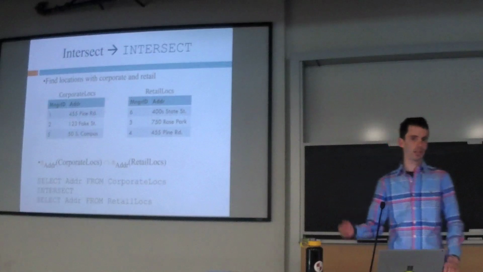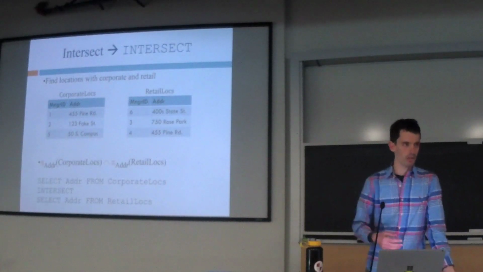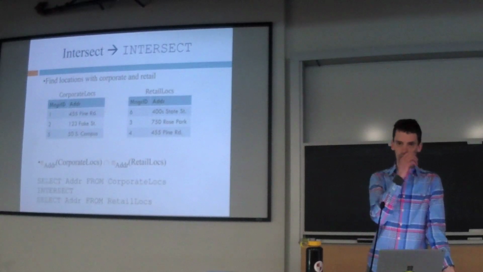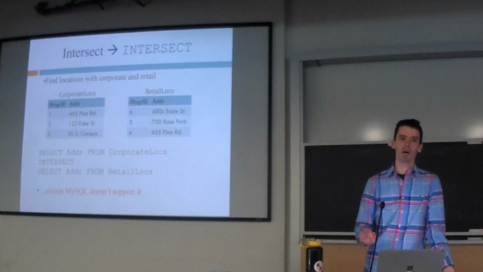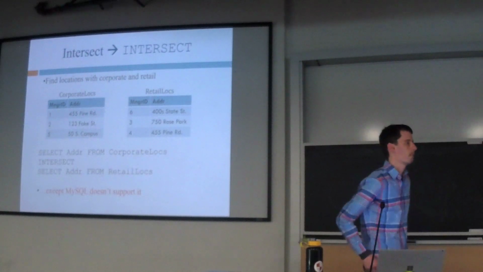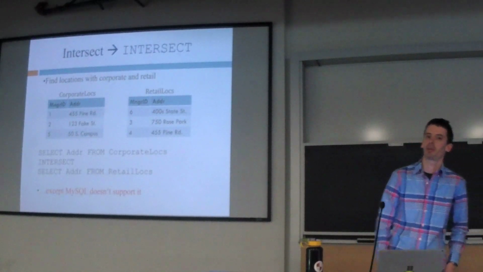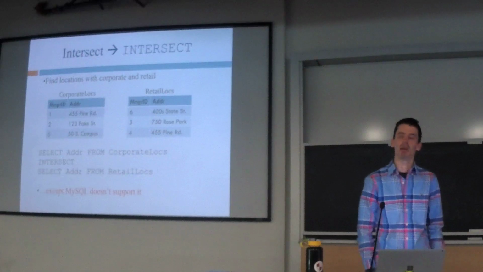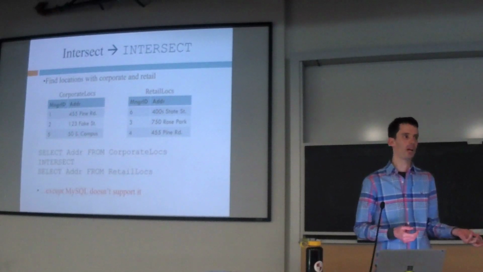So now it does look exactly like it looks in SQL, and we just use that intersect keyword. Except, that's one of those things that MySQL doesn't support. So remember, intersect is not one of the basic relational algebra operations, and maybe this is why they decided not to support it, because you can do an intersect in a different way.